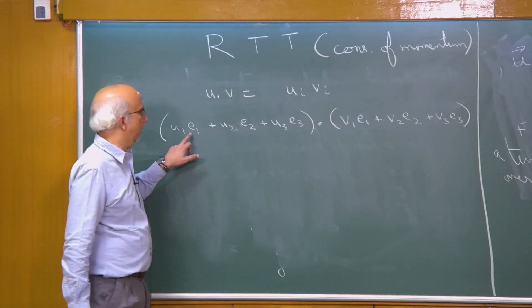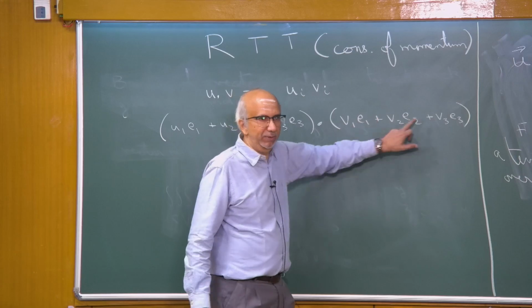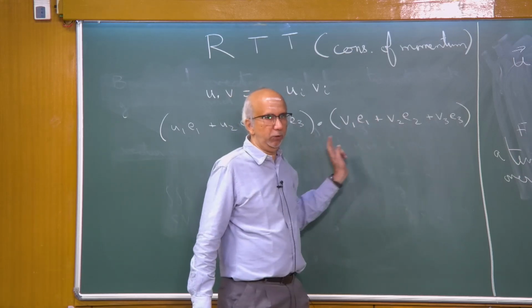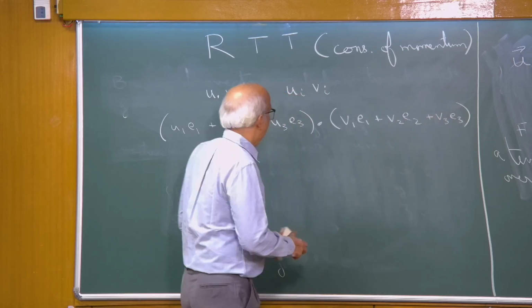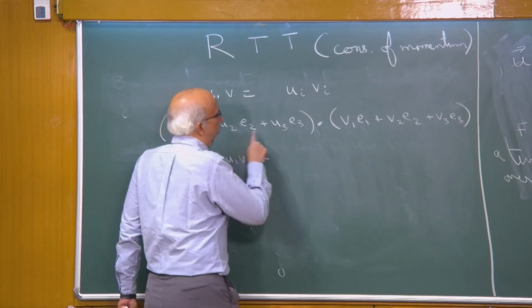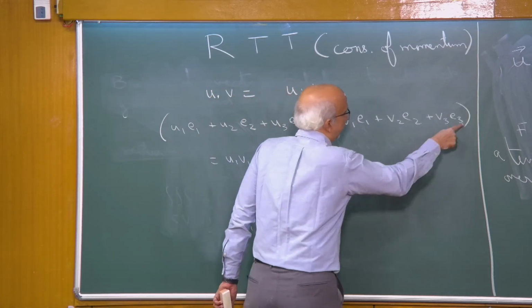When I do the dot product, only E1 with E1 is contributing. E1 with E2 and E1 with E3 will be 0. Okay, E1 dot E2 is 0, E1 dot E3 is 0, only this one contributes. So this is equal to U1 V1, again U2 E2 dotted with E2 only contributes, E2 dotted E1, E2 dotted E3 is 0.